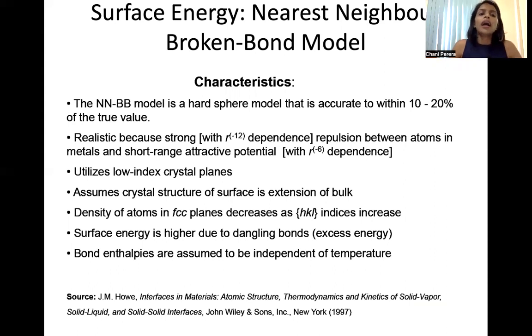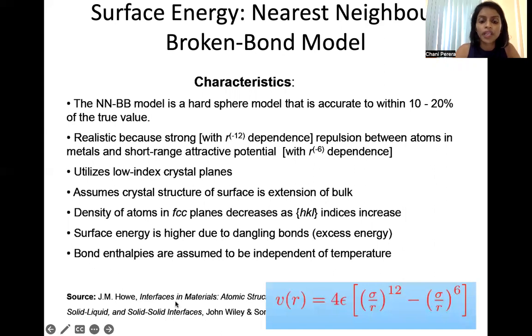And if you remember with the Lennard-Jones potential, there's a dependency of the repulsion term, r to the power negative 12, and then a strong, short range attractive potential, which has a dependency of r to the power negative 6, right?